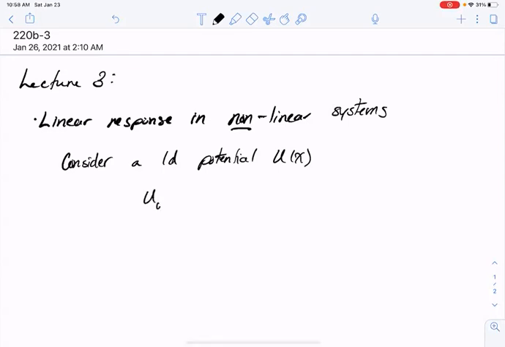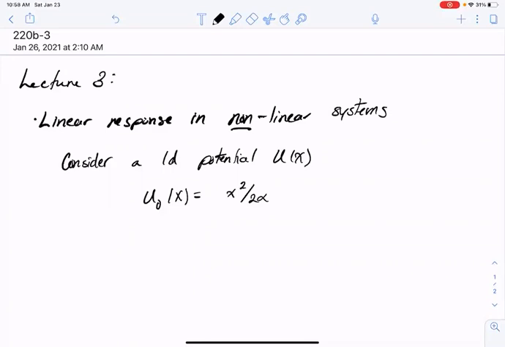Let's give a specific form to U of x. It will, at lowest order, be locally harmonic, locally quadratic about x. With alpha being a strictly positive number, this will ensure that the potential is bounded.